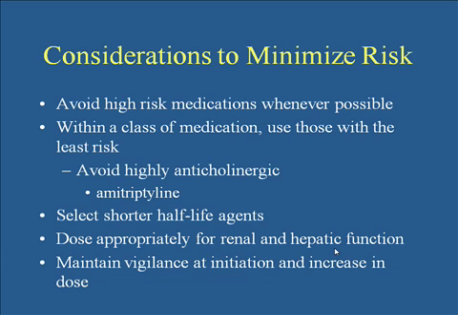So what other considerations can we use to minimize risk? The following slides are just going to be a compilation of clinical pearls to consider whenever we're using medications in older adults. Certainly we want to avoid high-risk medications whenever possible.